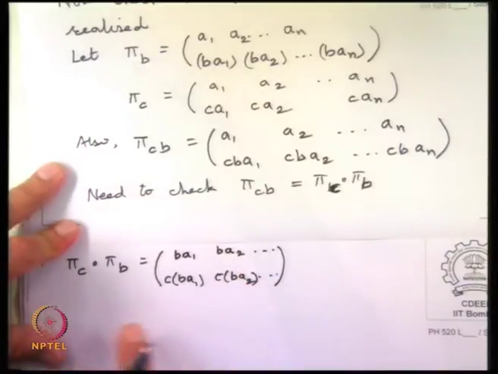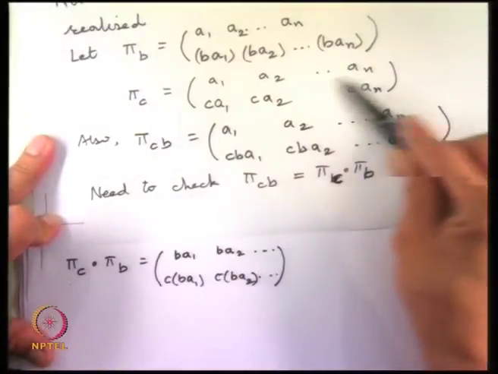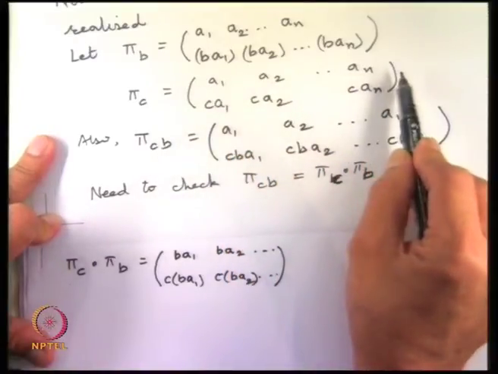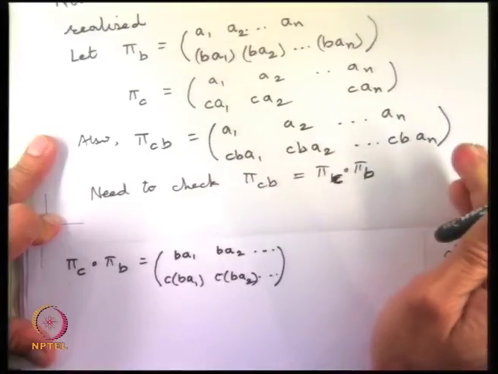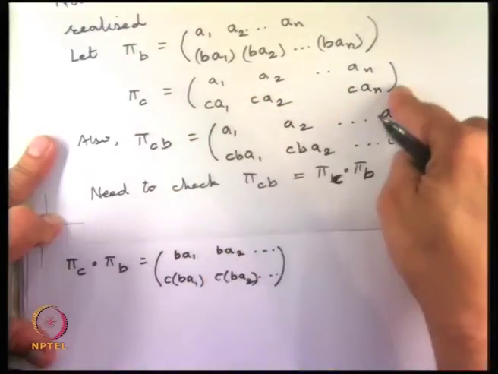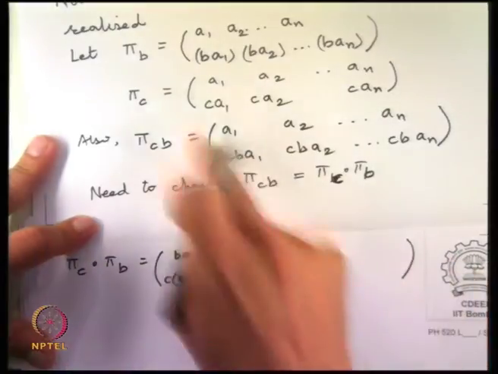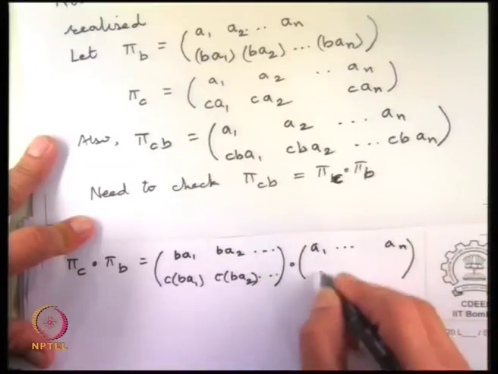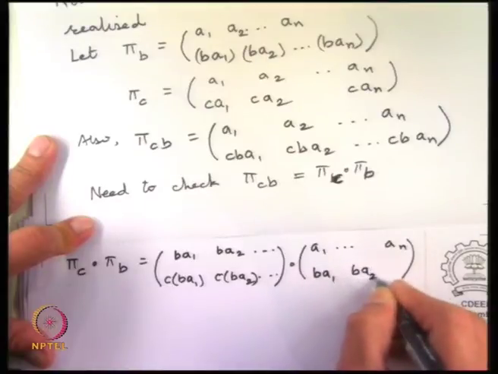It's the same permutation as pi C written here. So this pi C, what I do is I multiply the top row by B, but do the same thing to the bottom. Then the permutation has remained the same. So this represents pi C as much as this, and times I write pi B as before, which is here, but here I have BA1, BA2, BAn.